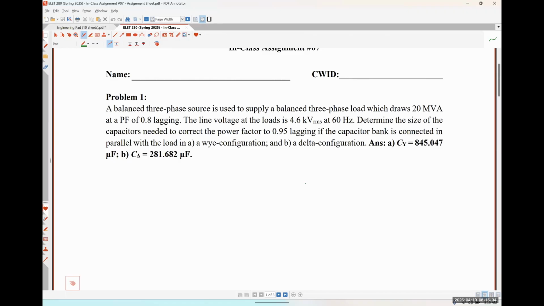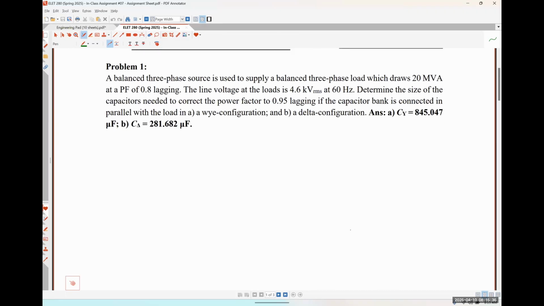So I'm going to draw a little picture of what's going on here. Over on the left-hand side, we've got our balanced three-phase source, and we don't really know much information about it at all.